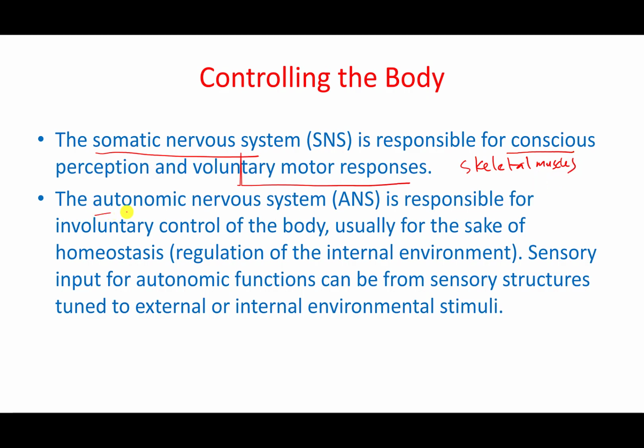And there is the autonomic nervous system, which is usually responsible for the involuntary control of the body, also responsible for homeostasis, like body temperature, blood sugar, blood pressure. All of this is happening through the autonomic nervous system. These are the two parts of the nervous system that are responsible for controlling the body: somatic and autonomic nervous system.